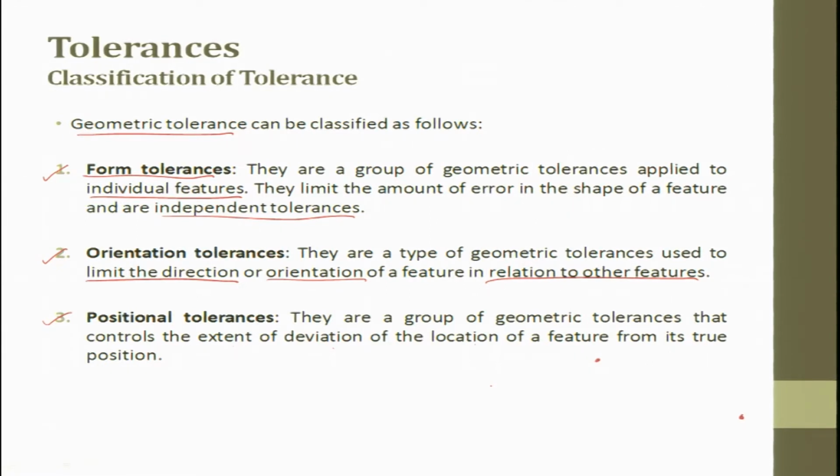So, under geometric tolerance, you have three classifications. One is form in terms of shape, then orientation, then the last one is position with respect to some datum. With respect to some datum, you are trying to make a feature. So, that is position. Next will be the symbolic representation of geometric tolerance.